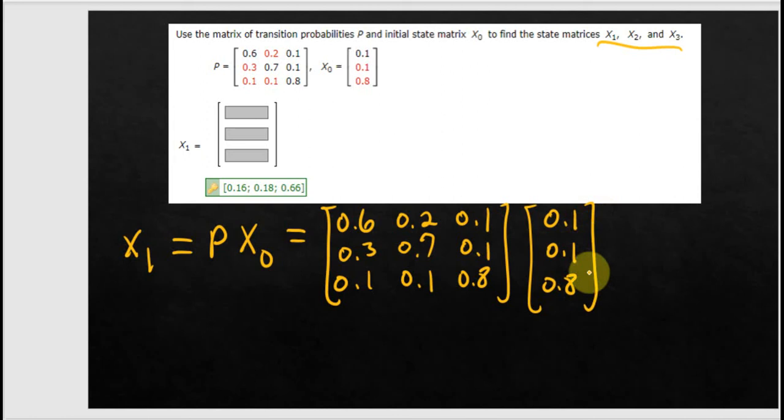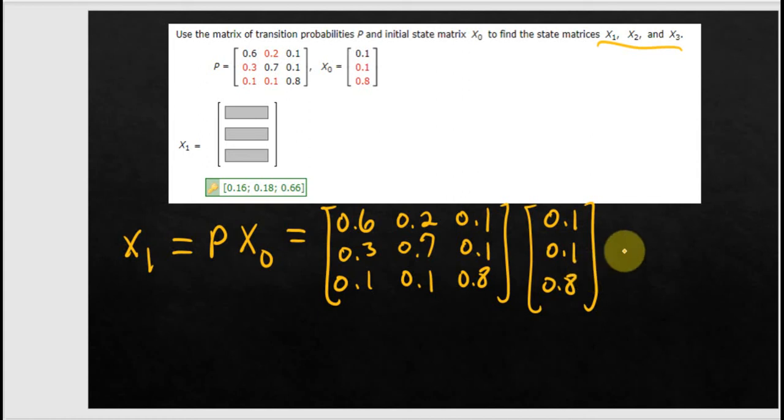Now, what I did was, on my graphing utility, I put this operation in, and that gave me the result. And so that kind of helps us cut down on the work.